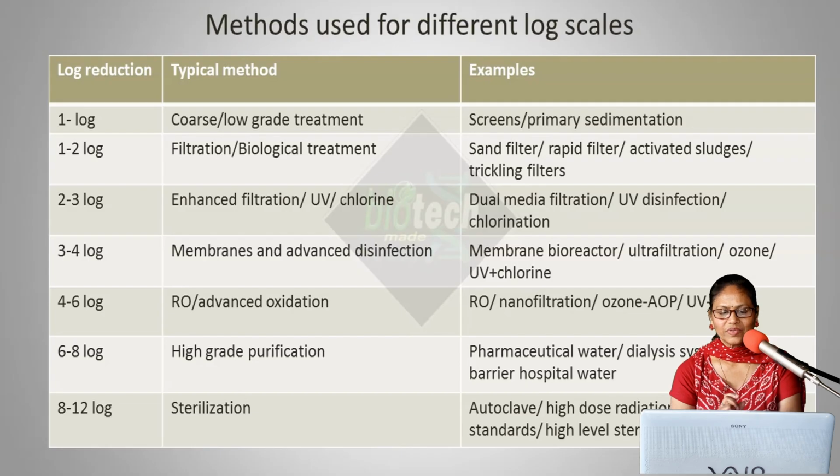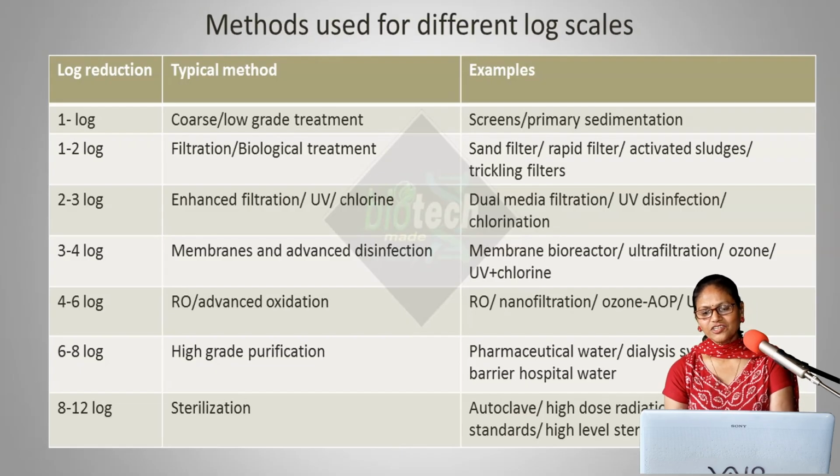For 2 to 3 log, as we go towards the higher side, enhanced filtration or UV, chlorine can be the methods. Dual media filtration, UV disinfection, chlorination are the examples.